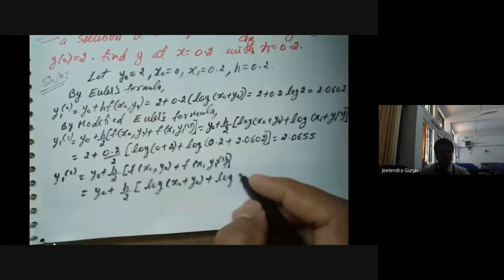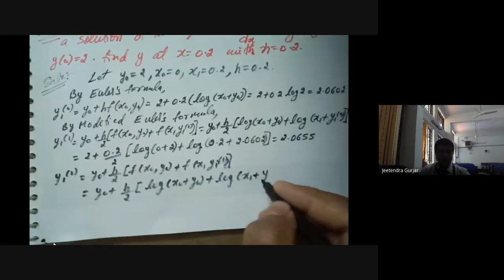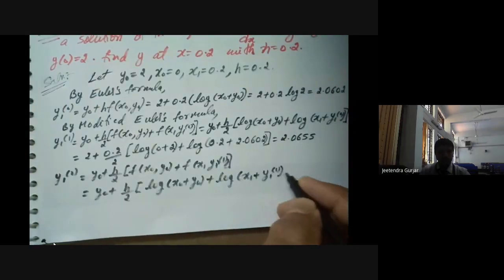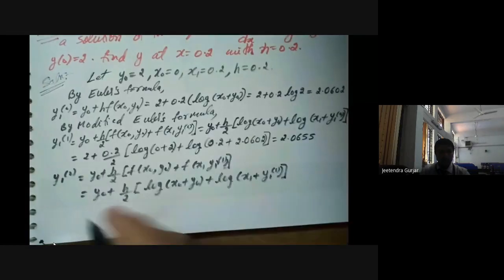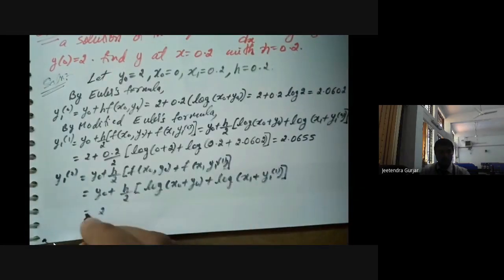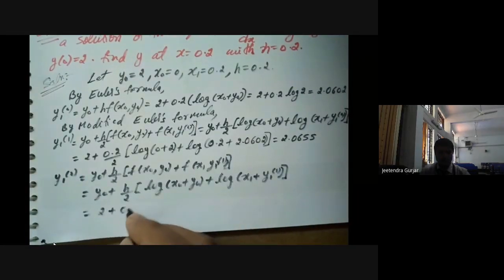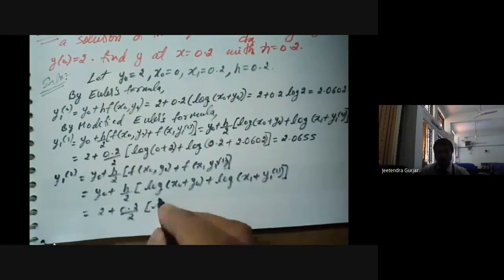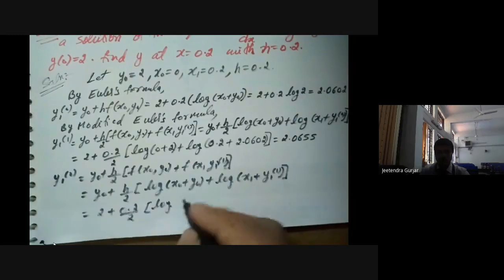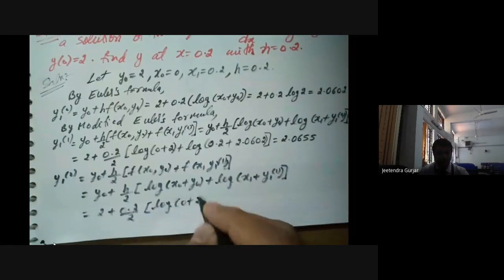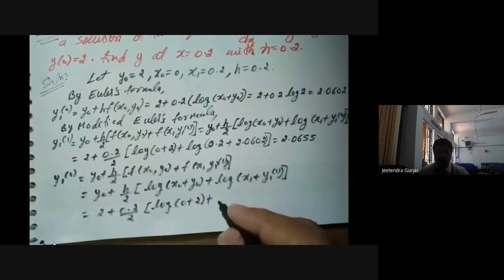Then substitute the values one by one. y naught is 2, h is 0.2, x naught you know 0, y naught you know 2, x1 is 0.2, y1 dash is nothing but 2.0655.